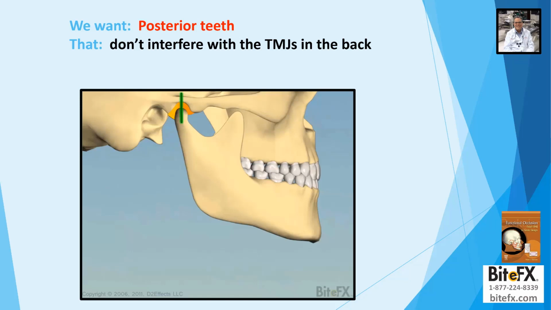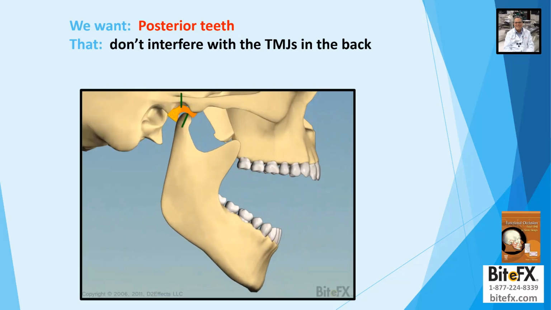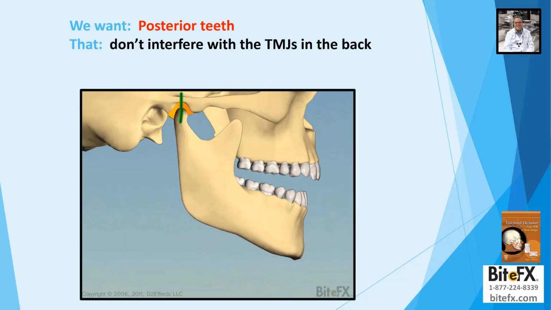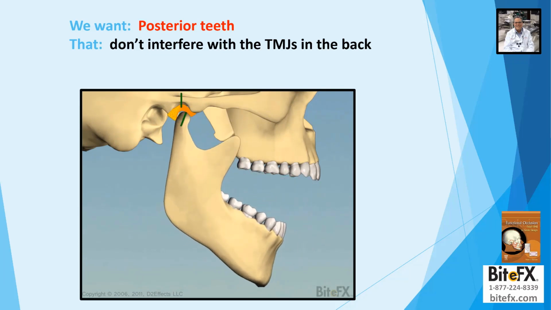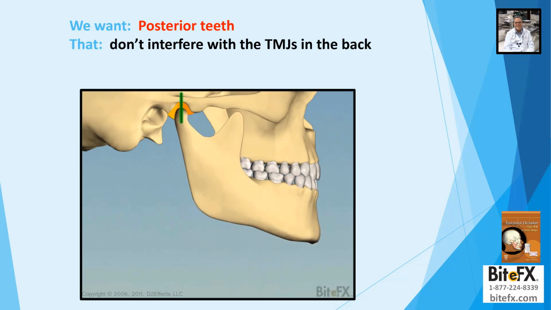And so we're going to say that the CO, the first contact, and full contact are the same, MIP. So let's watch this. Condyle seated, teeth come together, and condyles stay seated. So our posterior teeth should not interfere with the TMJs in the back.